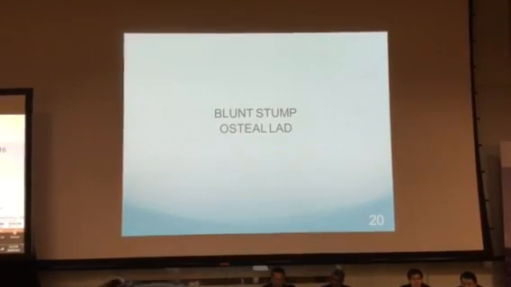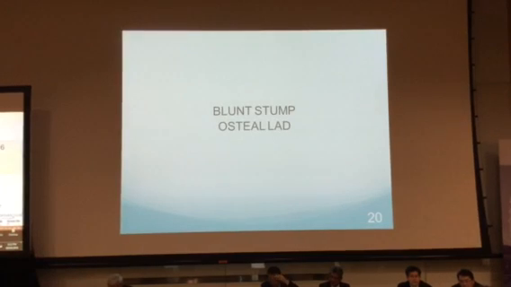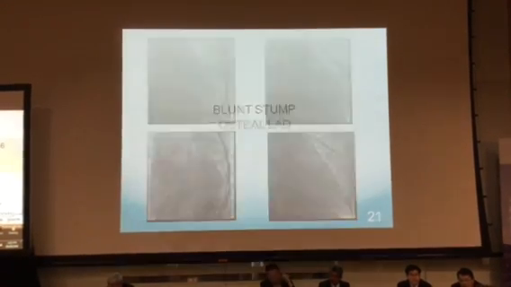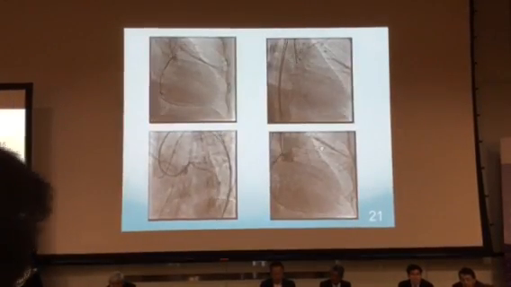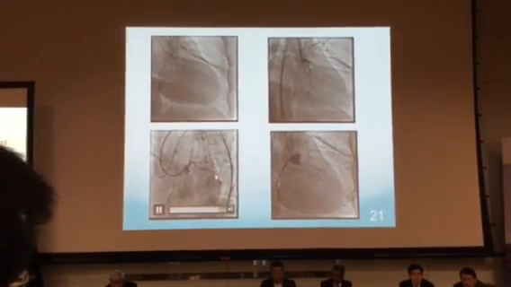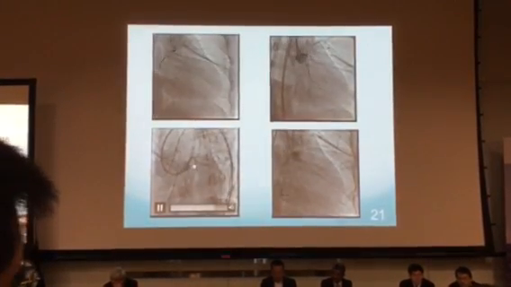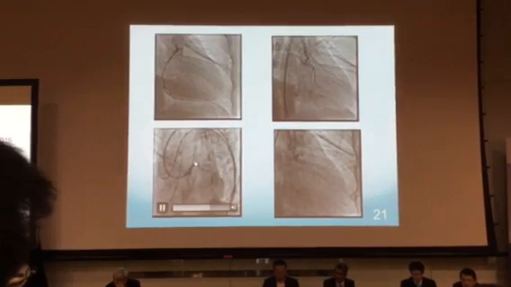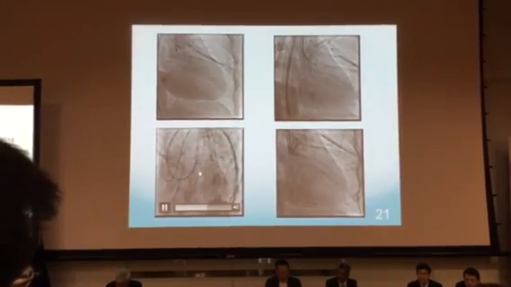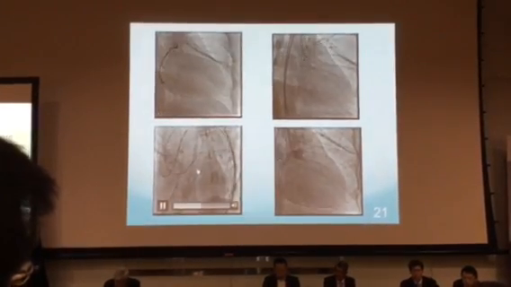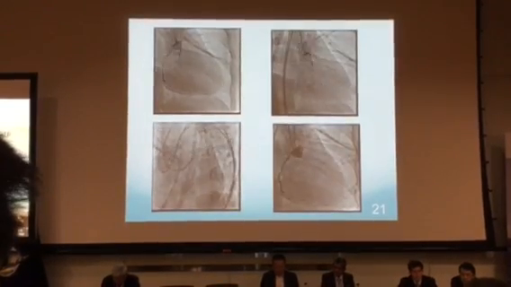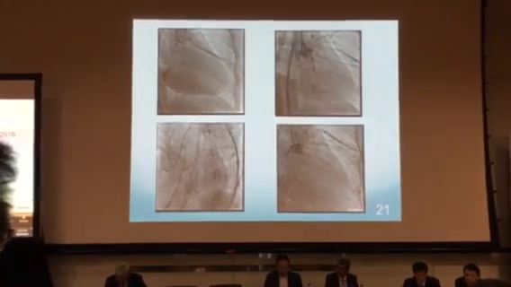This is also a very interesting case because there is a blunt stump at the ostial LAD. As you can see here, there is a CTO just at the ostium of the LAD. If we look at this angiogram, this is a very tough lesion.